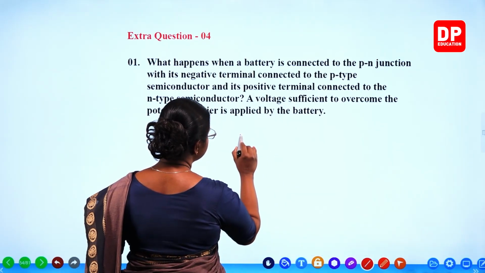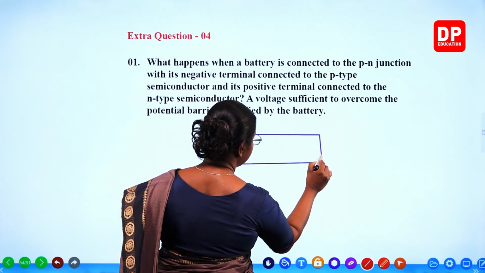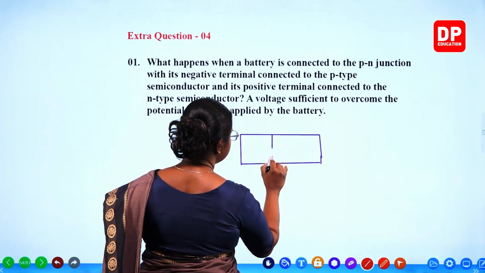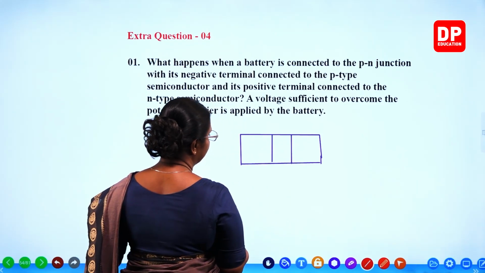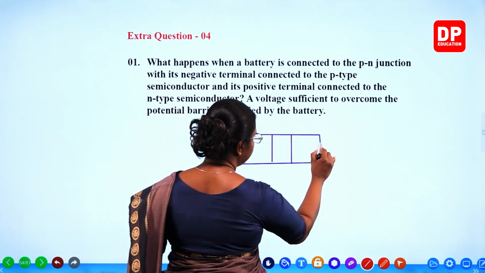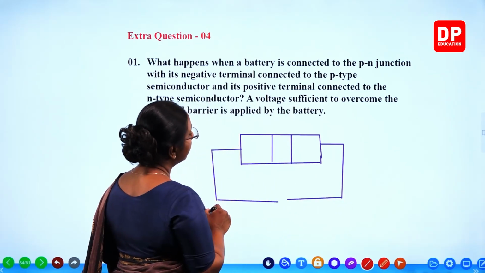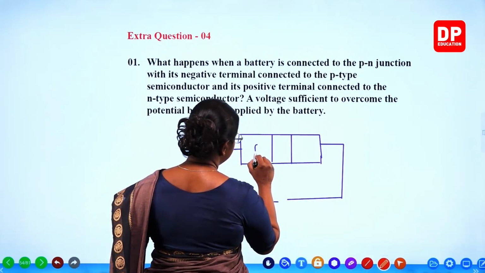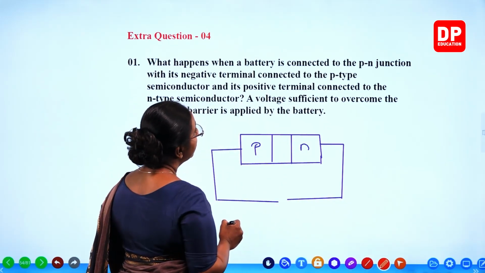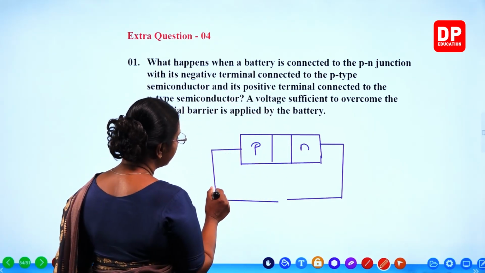Now, here you can see, if we have a PN junction like that with the depletion layer and the batteries are connected. Here you can see, now this is P, that is N. Now, PN junction where the negative terminal is connected to the P type.